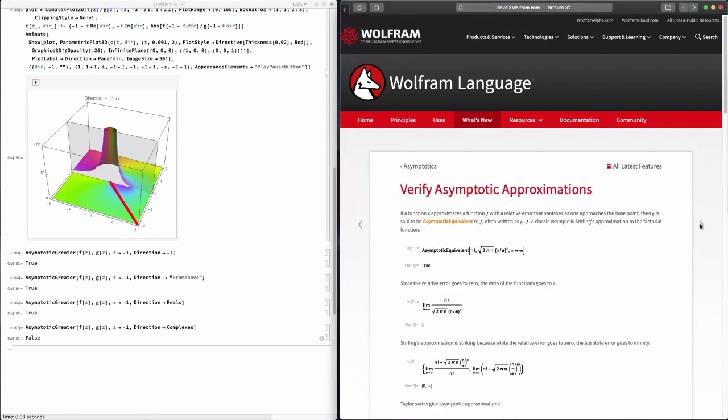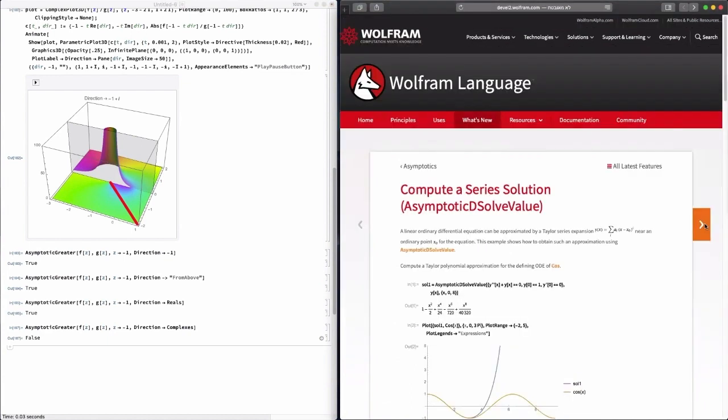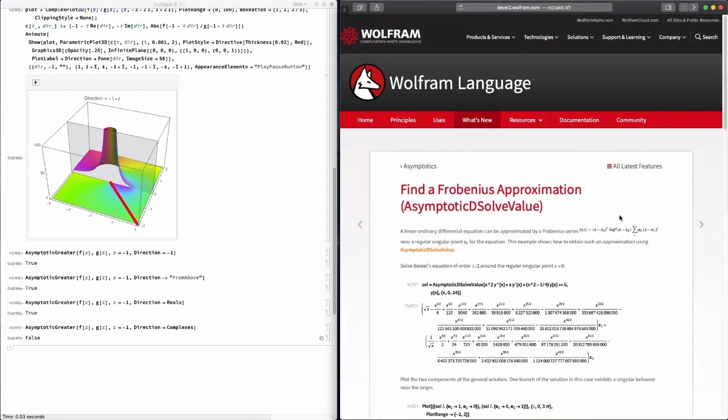So Devendra took you through this example already, so I don't need to do that. And yes, Devendra did this one as well. So Frobenius approximation.